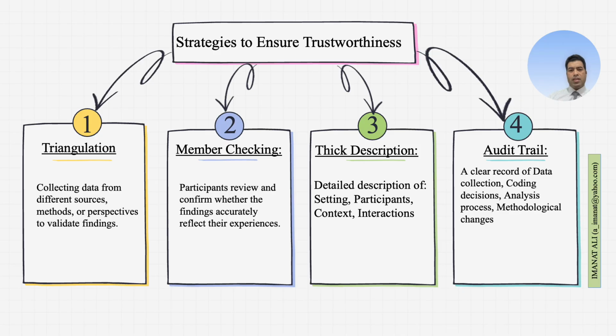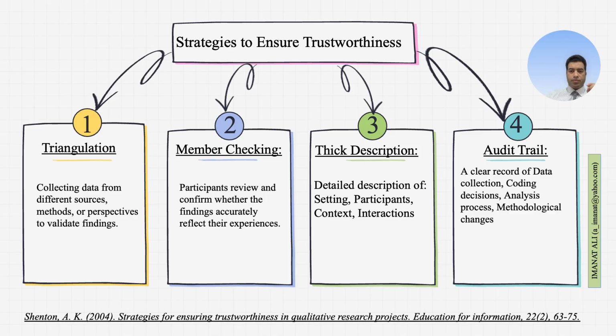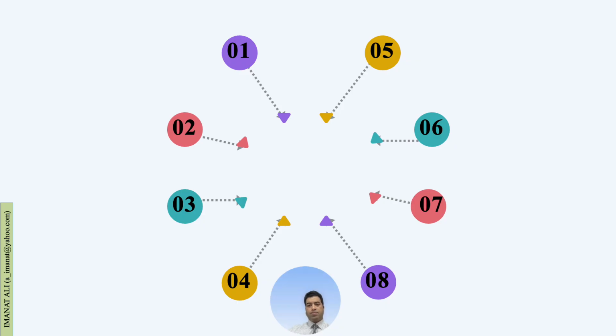So he gives an audit trail: he observes the engineers for a month or two, and the data is collected, recorded, coded, and analyzed, so all complete, detailed information is given. This way trustworthiness can be proven. The reference is Shenton 2004, strategies for ensuring trustworthiness in qualitative research.